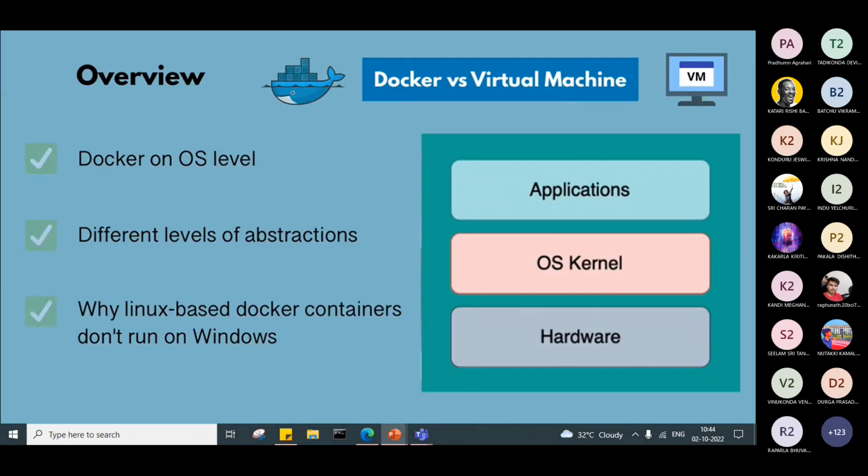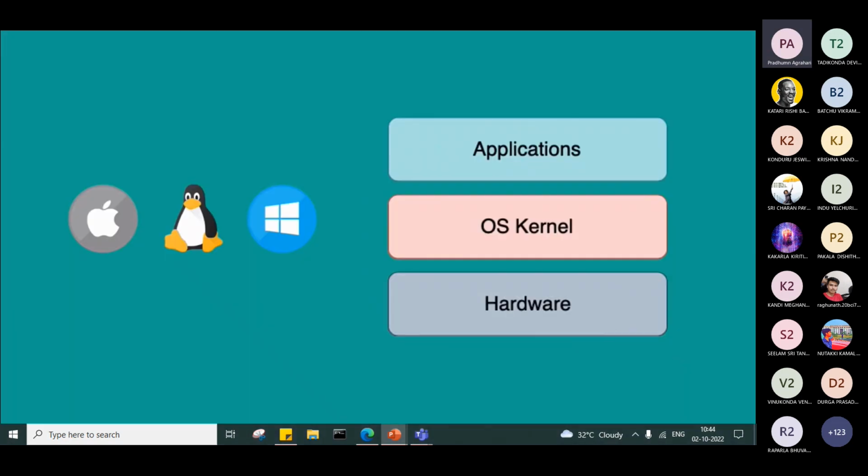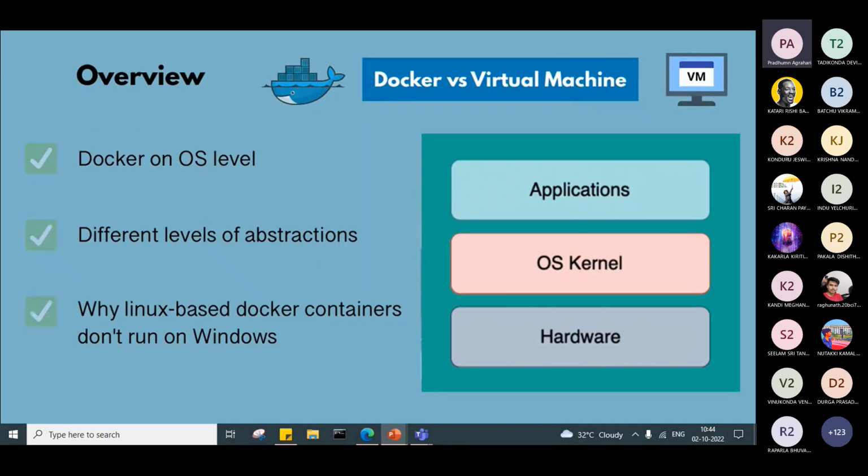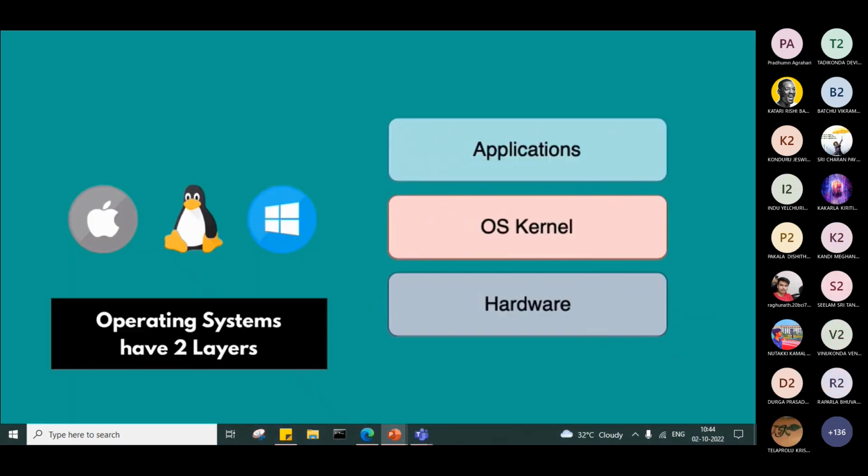Let me explain how it works. Docker and virtual machines work on different layers of the OSI model, right? The operating system has 2 levels: the hardware is abstracted by the OS kernel, and then we have applications.